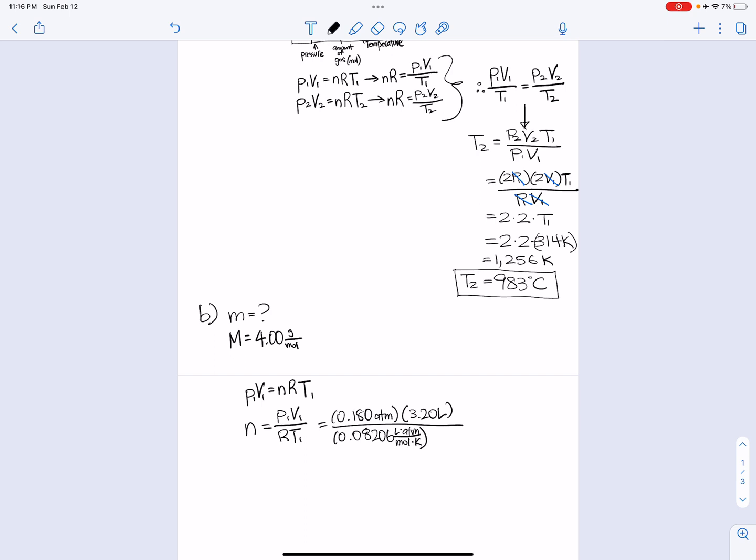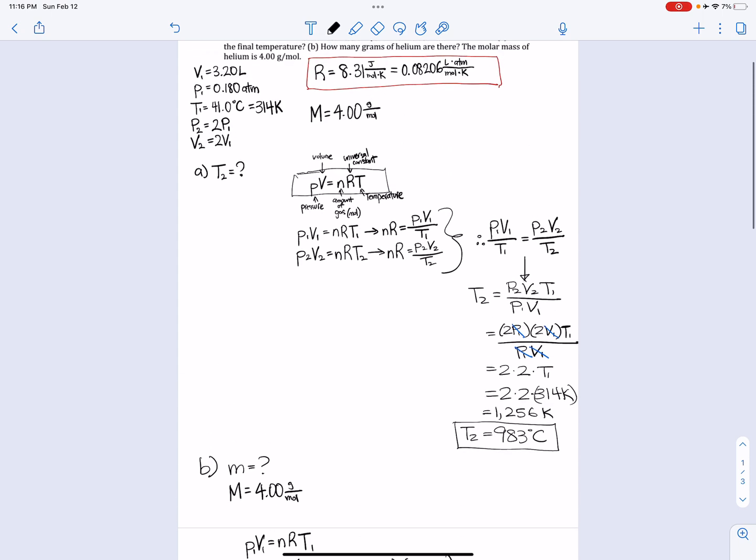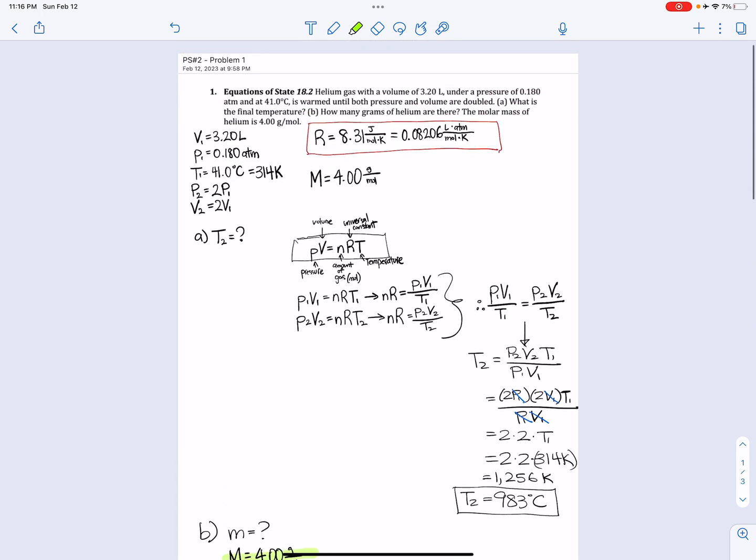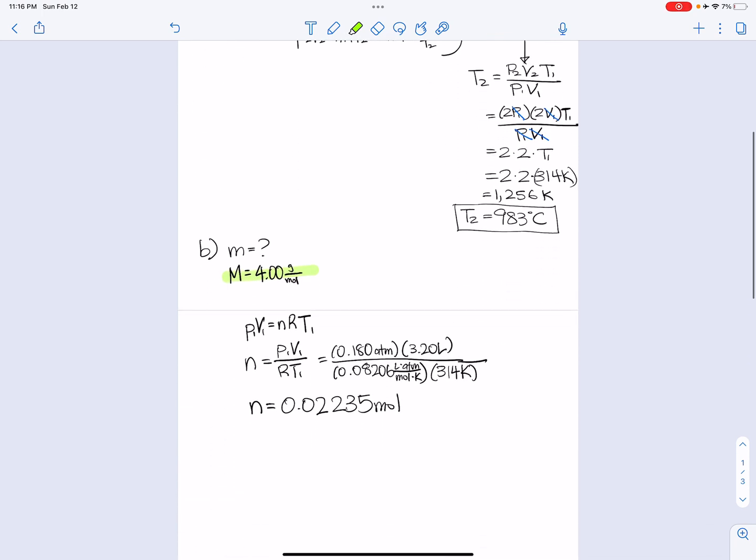And T1 is, I believe, 314 Kelvin. All right, and if I plug that in the calculator, I would get that the amount of gas is 0.02235 moles.